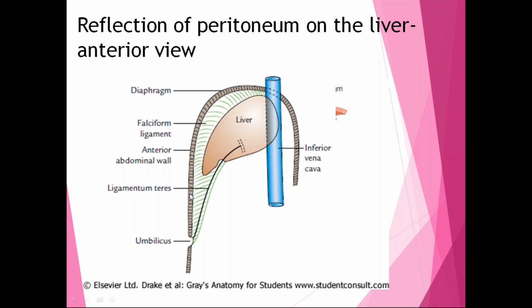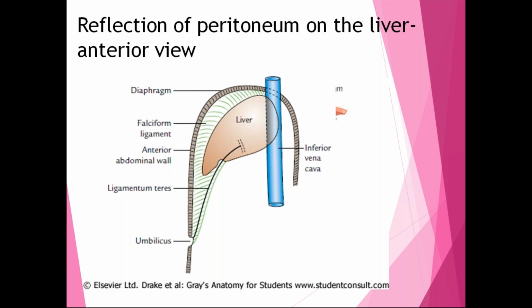Okay. Now, what are the other contents? Other than the ligamentum teres, here you have the paraumbilical vein, which is a tributary of the portal vein. You can make a note on this point because I think this is not given in your book. Numerous small veins are also present. They are called the accessory portal system of Sappey, which communicate the paraumbilical vein with the diaphragmatic vein.